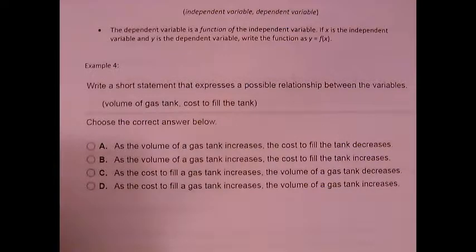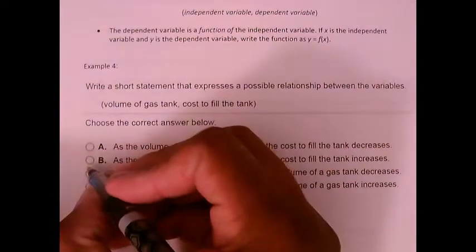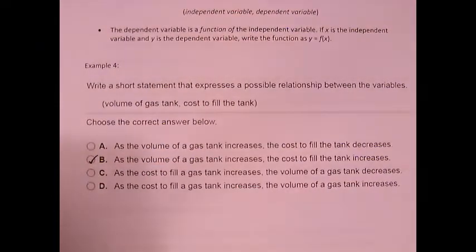Well, if we look at it, we can see that if we increase the volume of that gas tank, the cost to fill the tank will increase. So here I'm going to choose answer B. As the volume of a gas tank increases, the cost to fill the tank will increase. Okay, and that does make sense.